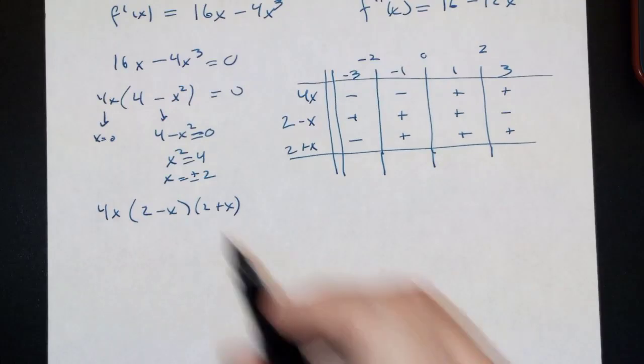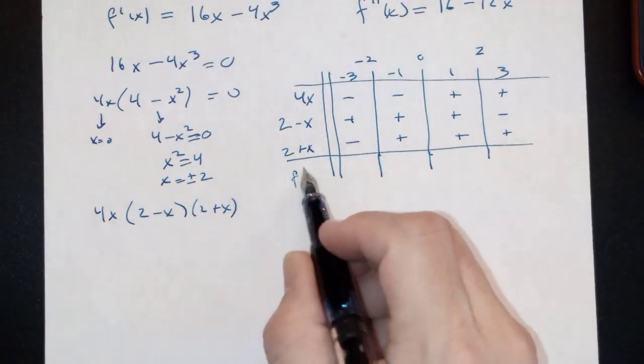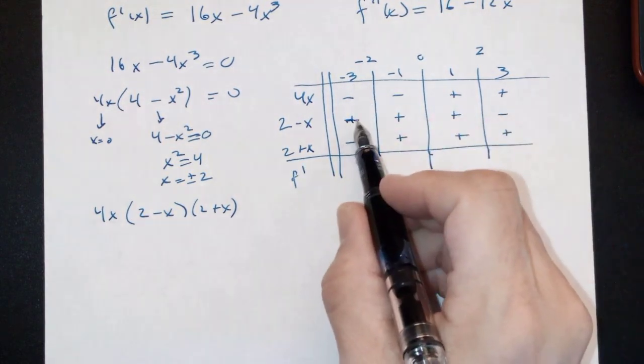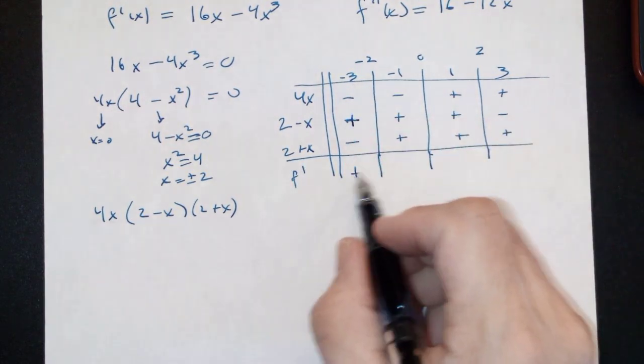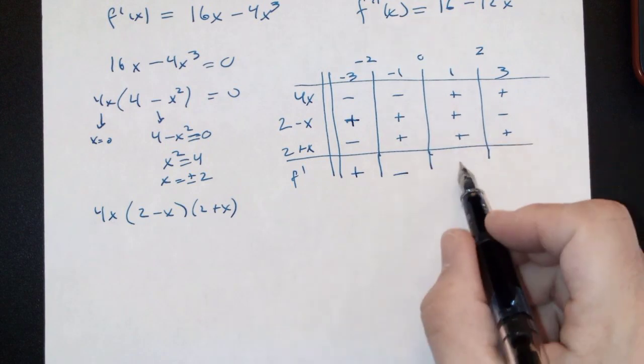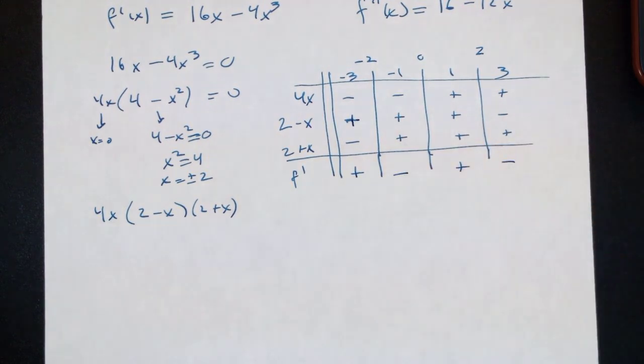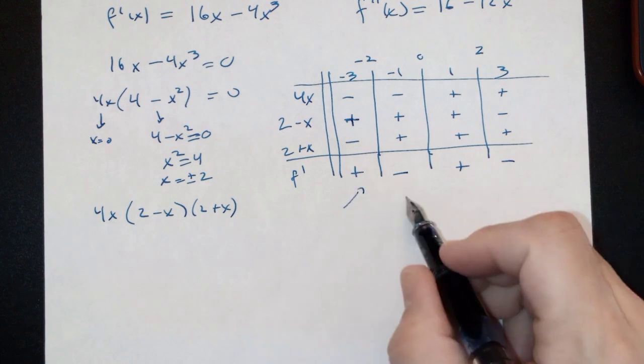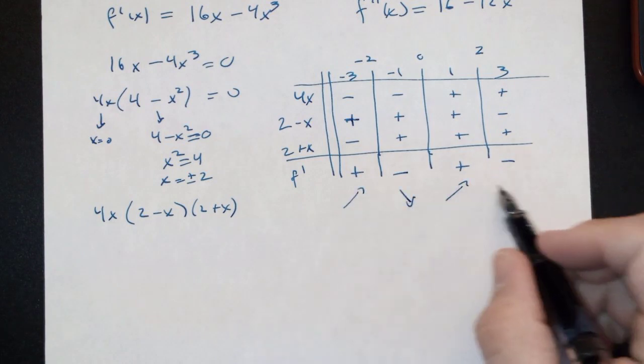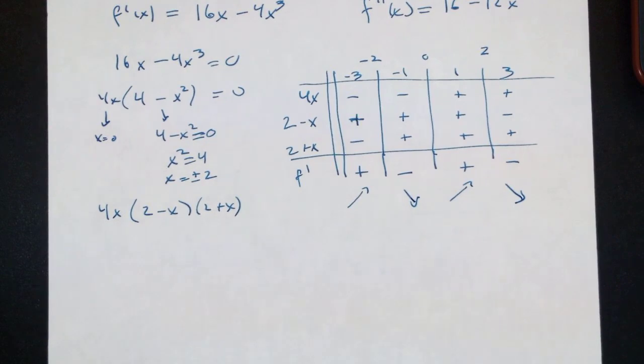And then since I multiply these pieces to get f prime, I multiply these signs to get f prime. So I see increase, decrease, increase, decrease.